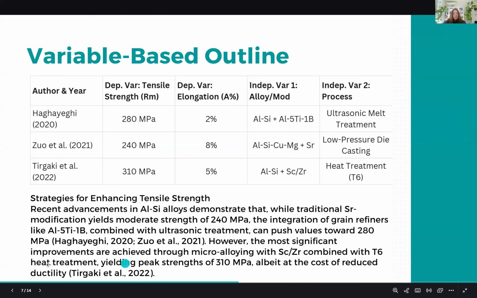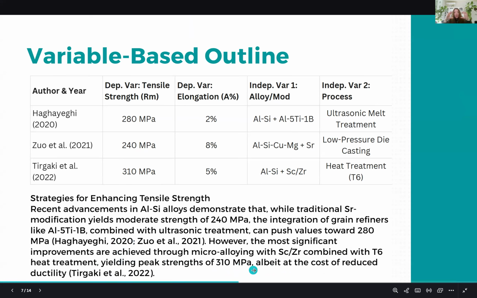However, the most significant improvements are achieved through microalloying with strontium zirconium combined with T6 heat treatment, yielding peak strength of 310 megapascals, albeit at the cost of reduced ductility.